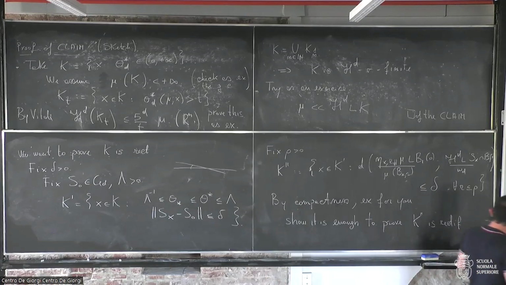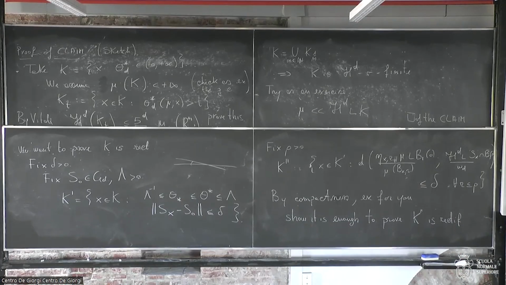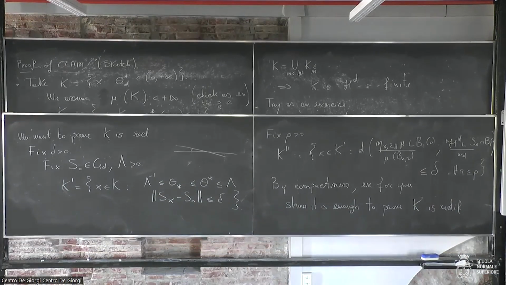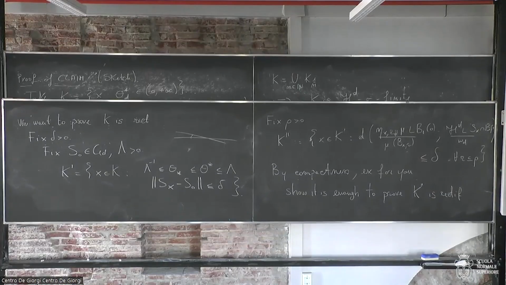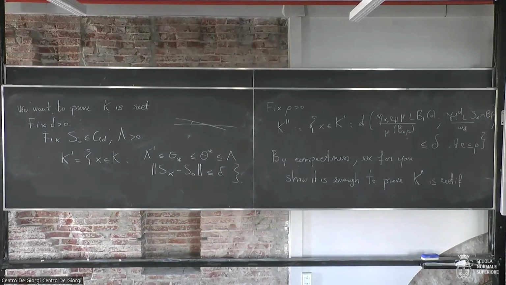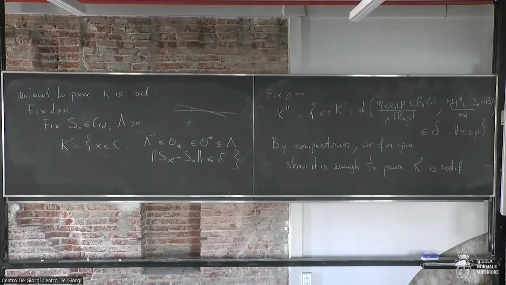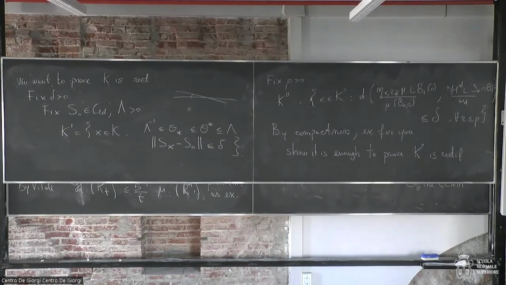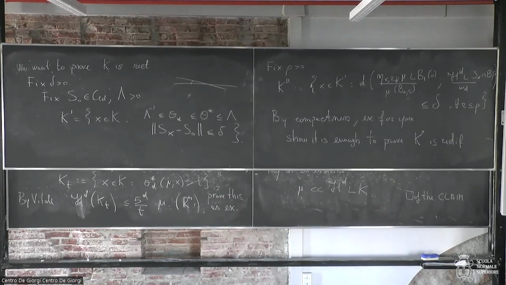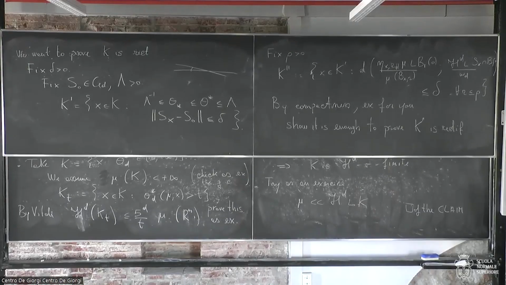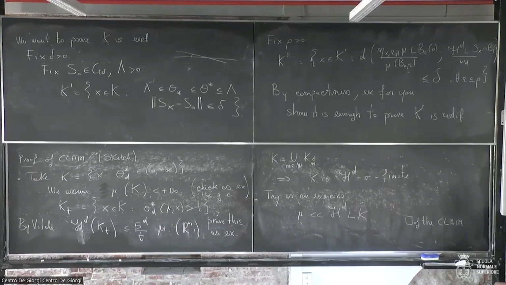So why is K second rectifiable? Notice that I rescaled. This is why I rescaled by mu(B(x,r)).